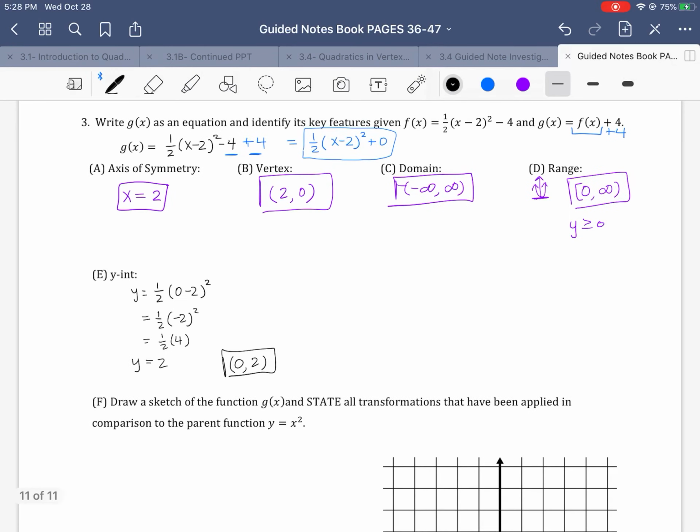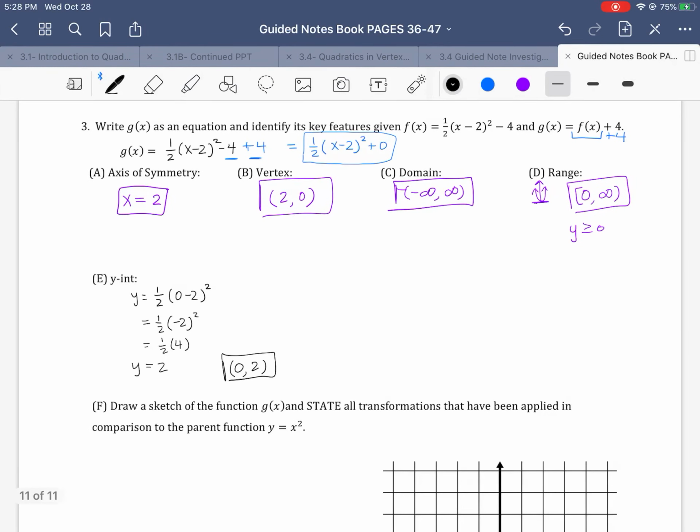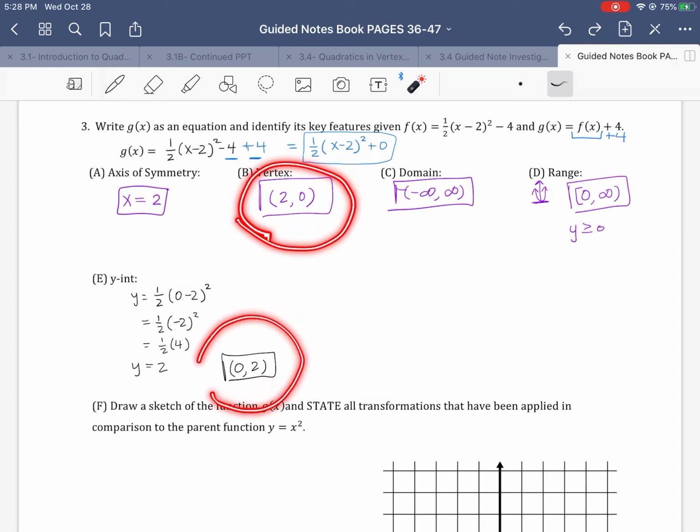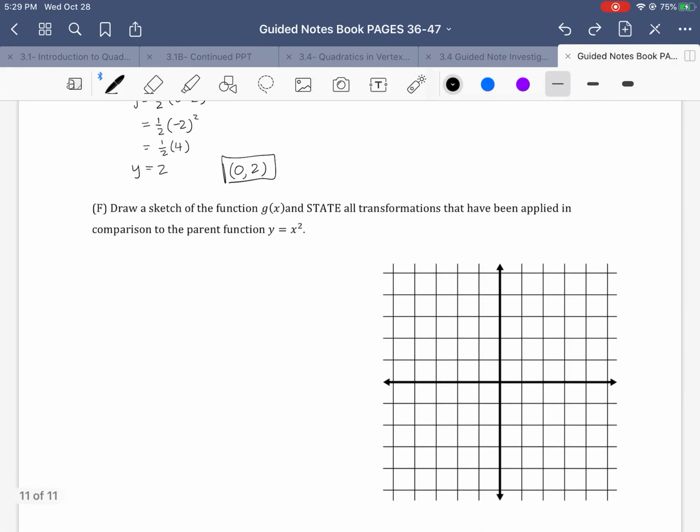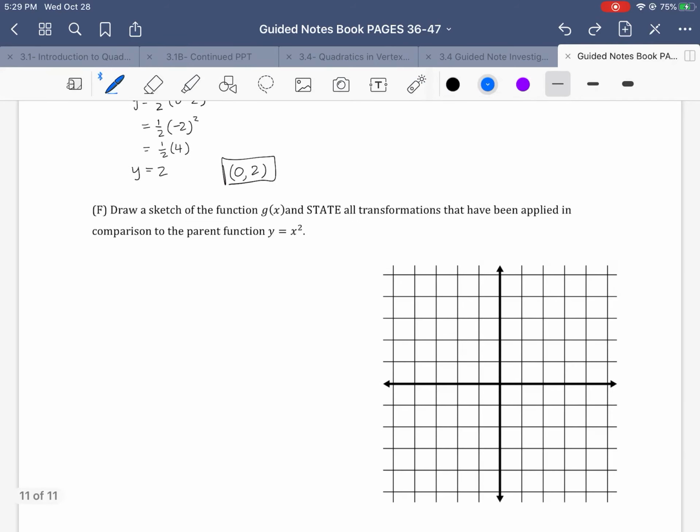So if we wanted to sketch this graph down here, we could use either the original equation or all of these pieces. So if I look at some of these pieces, like here's my, oh, I just erased, yikes. This right here is my vertex. That's where I would start. This is cool because we also know it's going to touch this point. So maybe we could use both of those points to even graph this.